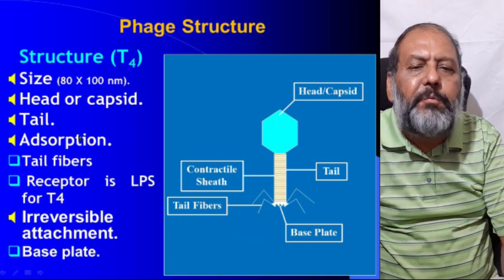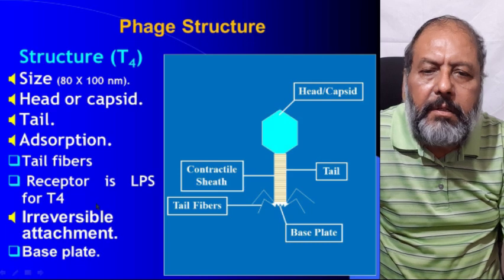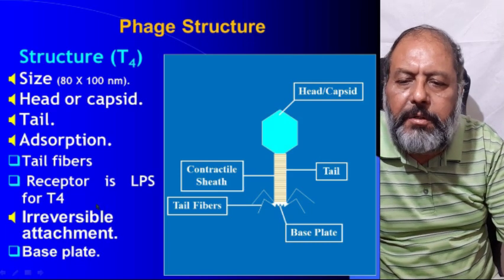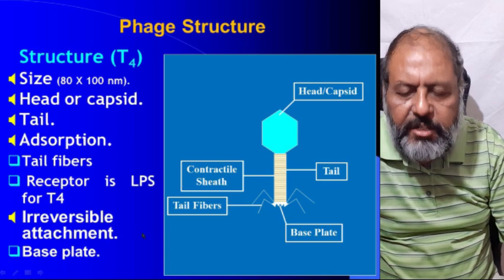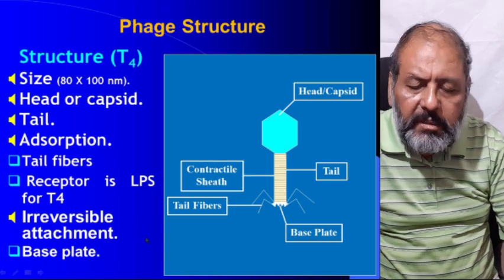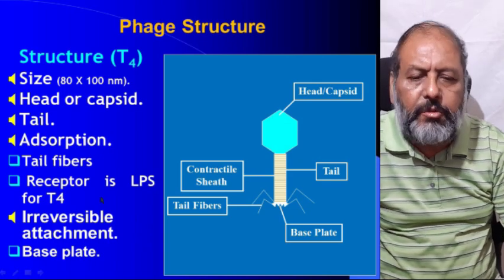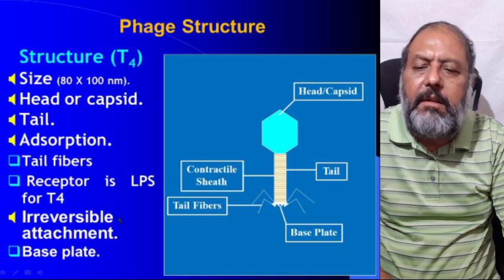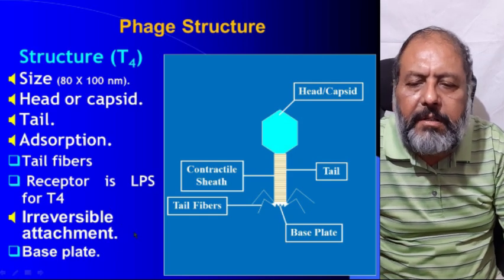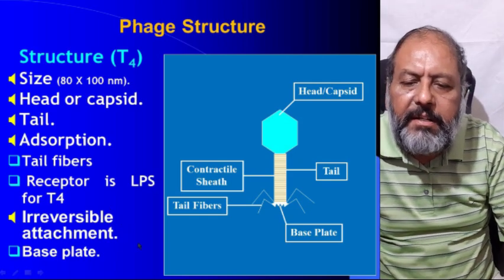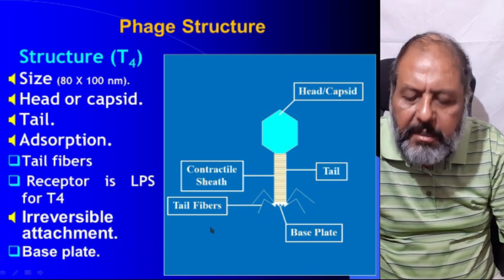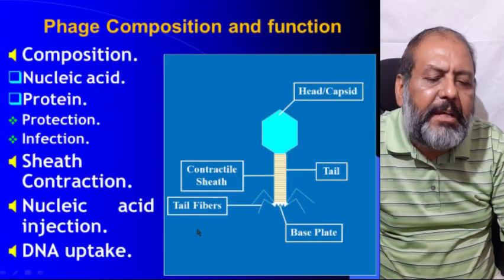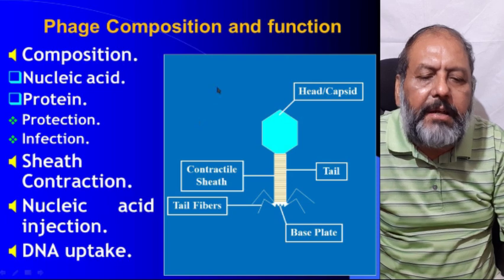So the different components of the phage are the head or capsule, the tail, and the adsorption, or just attachment, to the bacteria to which it is going to transfer the genetic material via that adsorption, that is by the tail fiber. The receptor is LPS for T4, with irreversible attachment, and the base plate by which it gets attached.